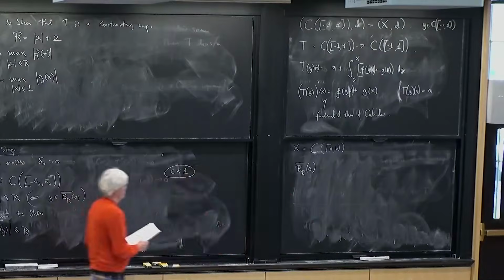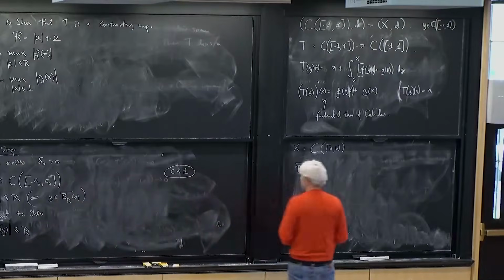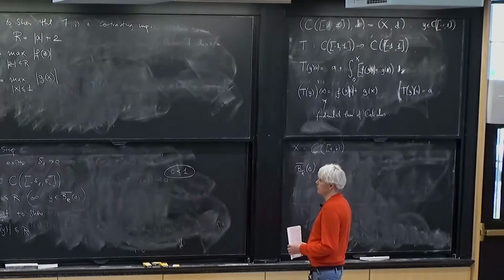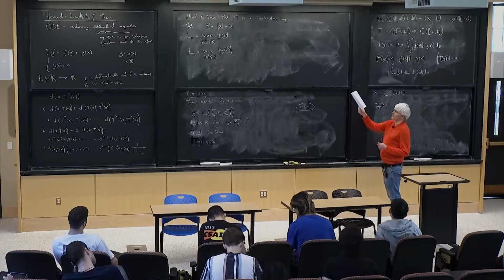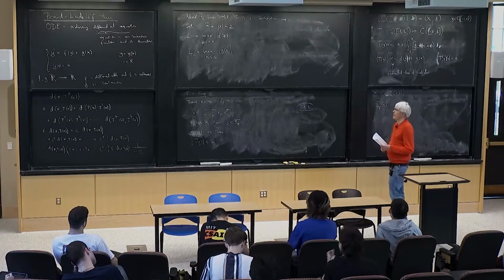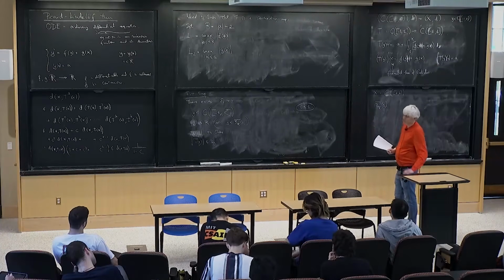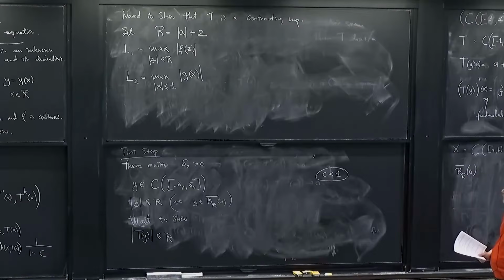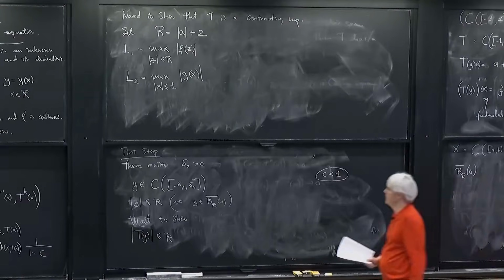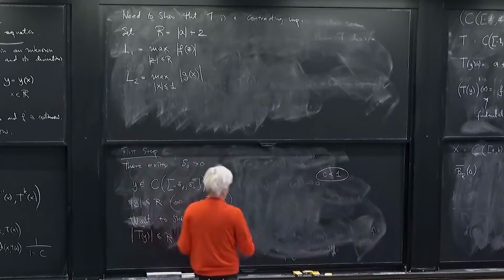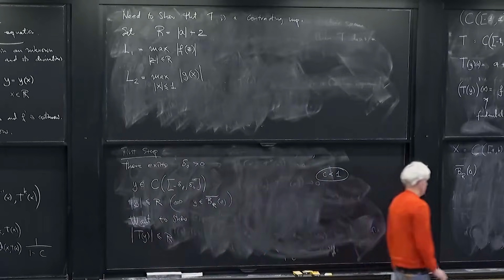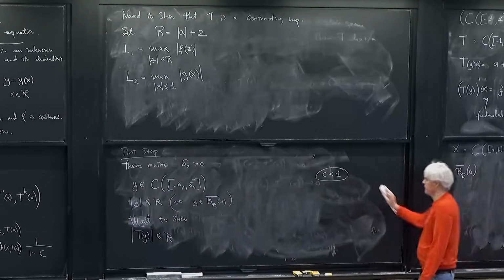Okay, so let's see. We have already defined this radius, capital R, and these two constants L1 and L2. The first step is that I need to restrict.